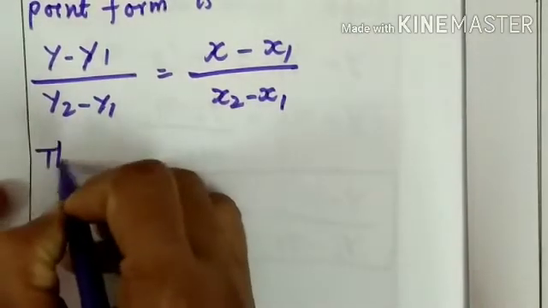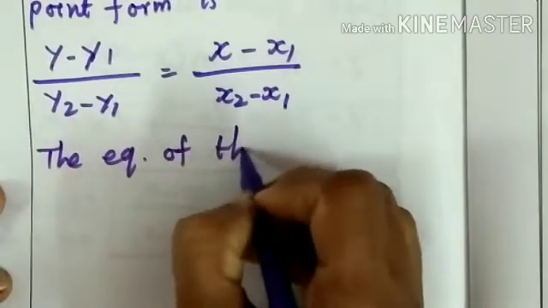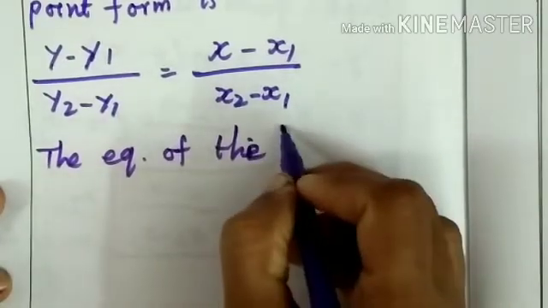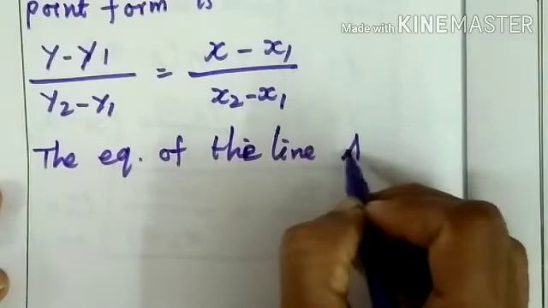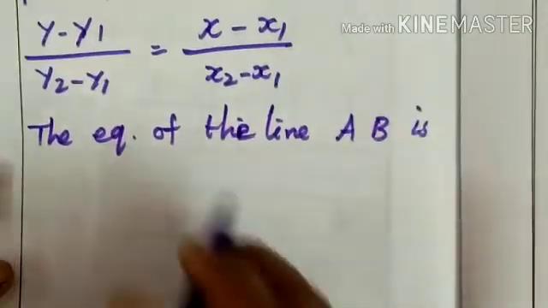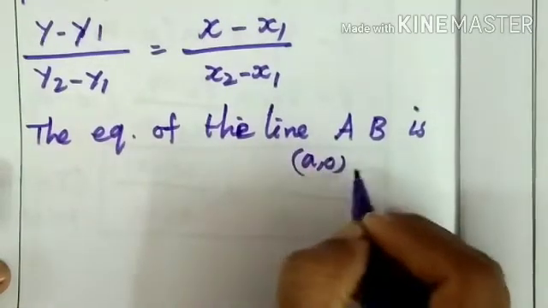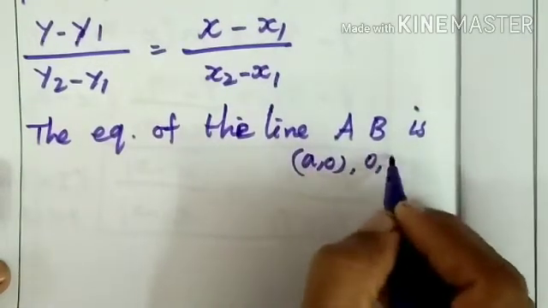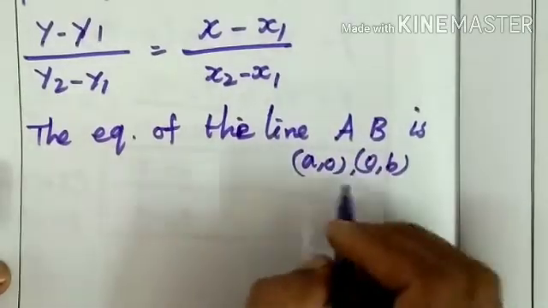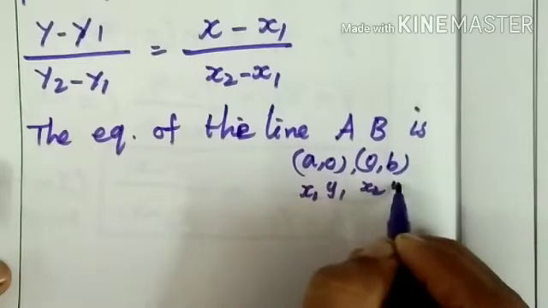Then the equation of the line AB, with A point a comma 0 and B point 0 comma b, let us keep x1 y1 x2 y2.